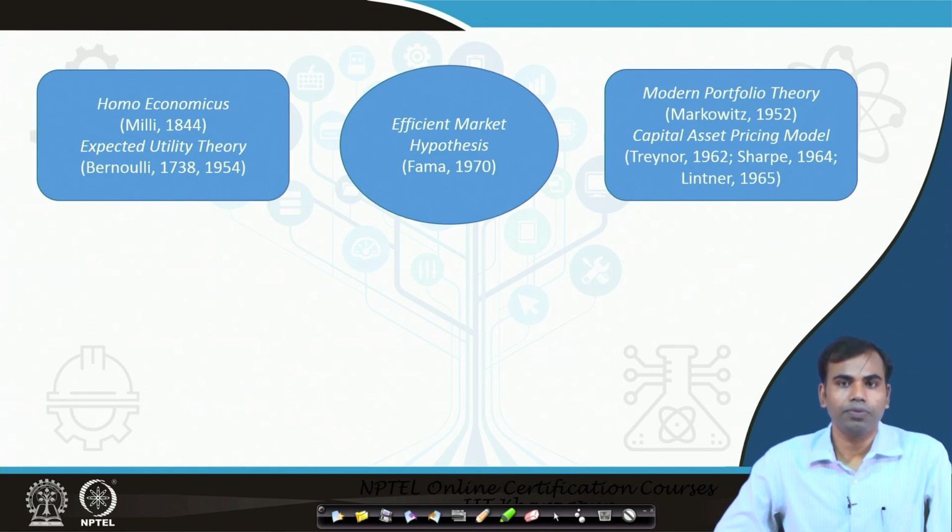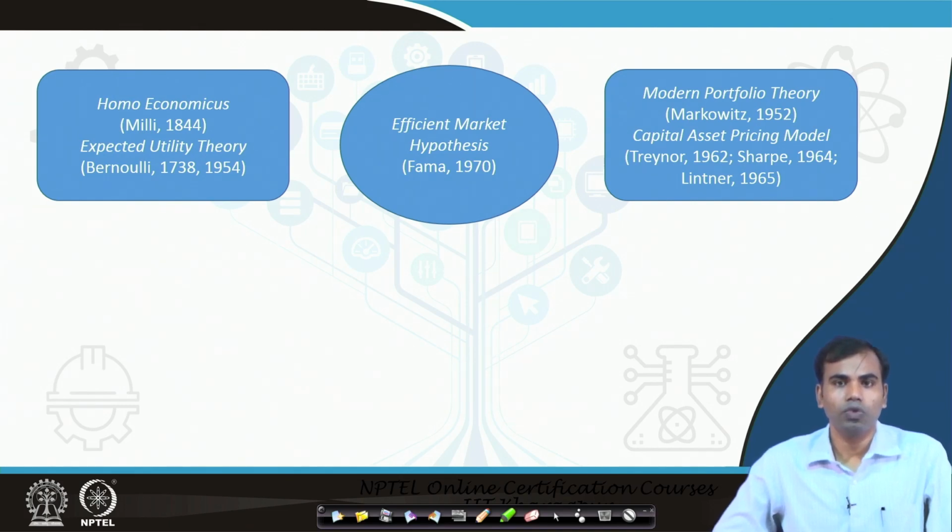So, they gave theories such as the capital asset pricing model and Markowitz portfolio theory that try to assess the value of an asset and how the risk and return characteristics of an asset could be used to determine how much to invest in which assets.